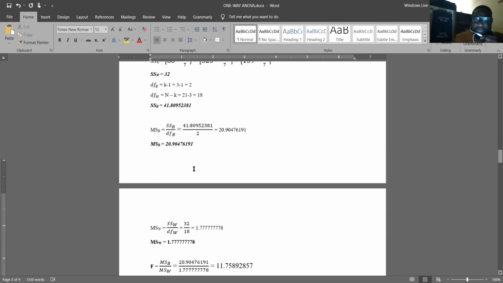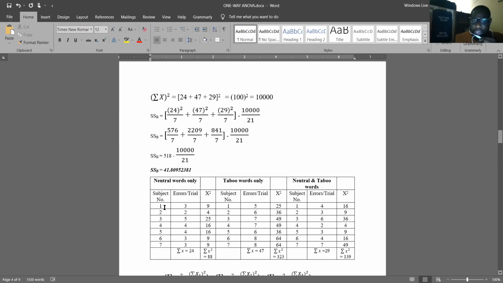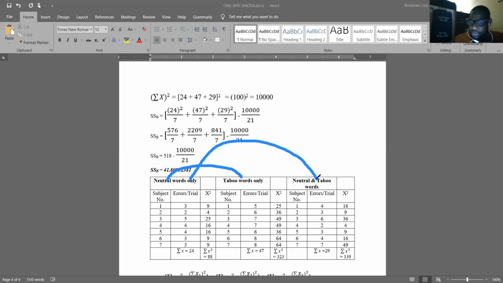So for instance, we have 3 groups. It means that Anova will compare neutral words only and taboo words only separately. Then we'll compare neutral words only and both conditions separately. Then we'll again compare taboo words only and both words separately. So it means we will have 3 different comparisons.